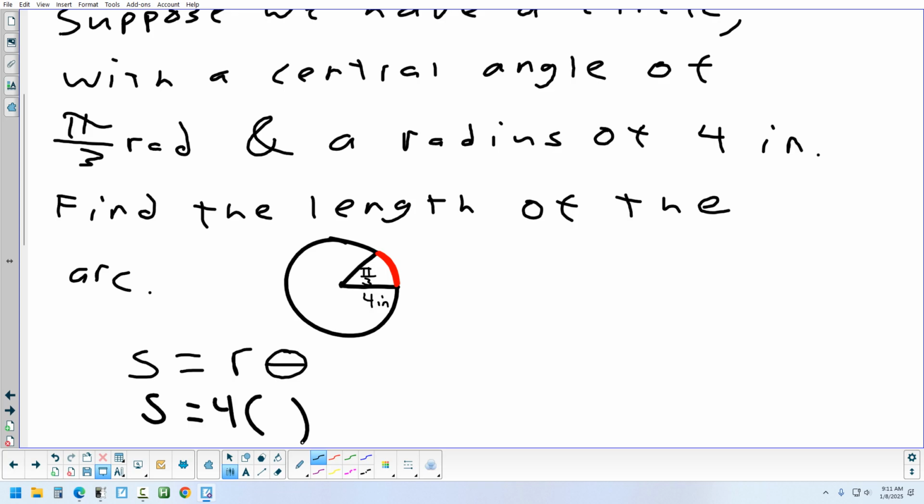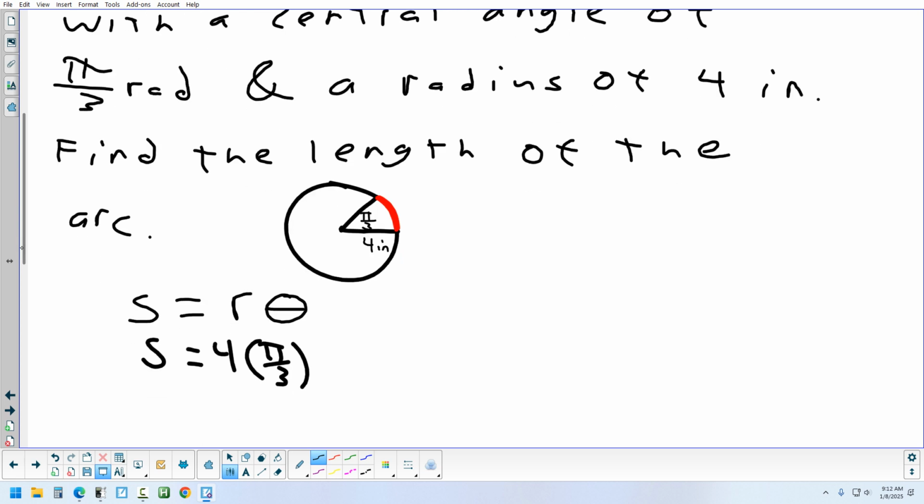And did they give me theta? Yep. What did they give me for theta? Pi over 3. What's supposed to be the unit on theta? Radians. What unit did they give me? Radians. Perfect. So they did give me the right unit that I need for that formula.